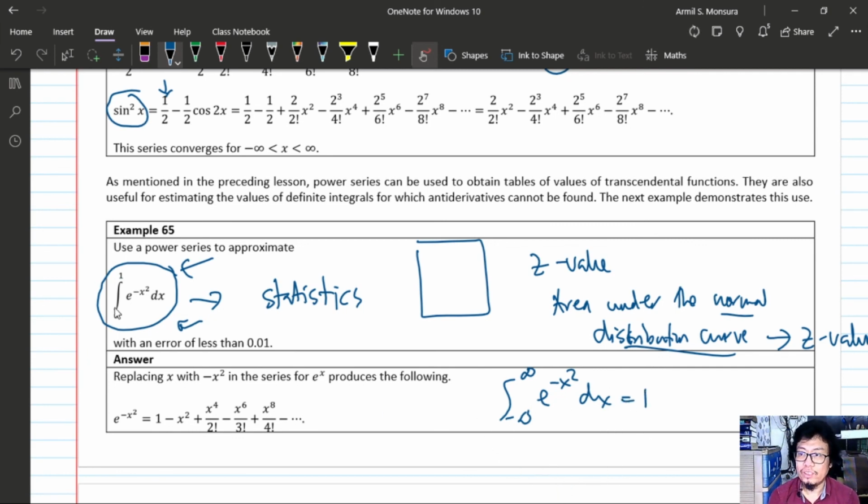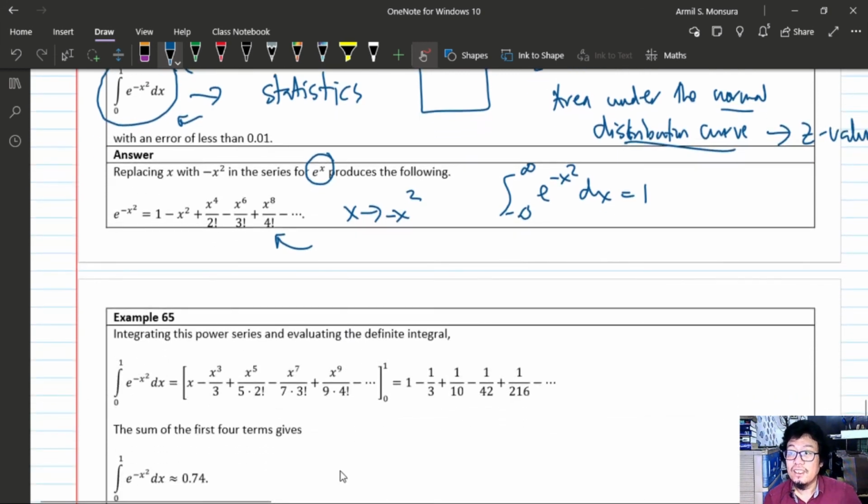But if you want to just determine it from 0 to 1, you can use the Taylor series for e raised to x, and then replace x with negative x squared so that you have this alternating series. And then integrate this term by term.